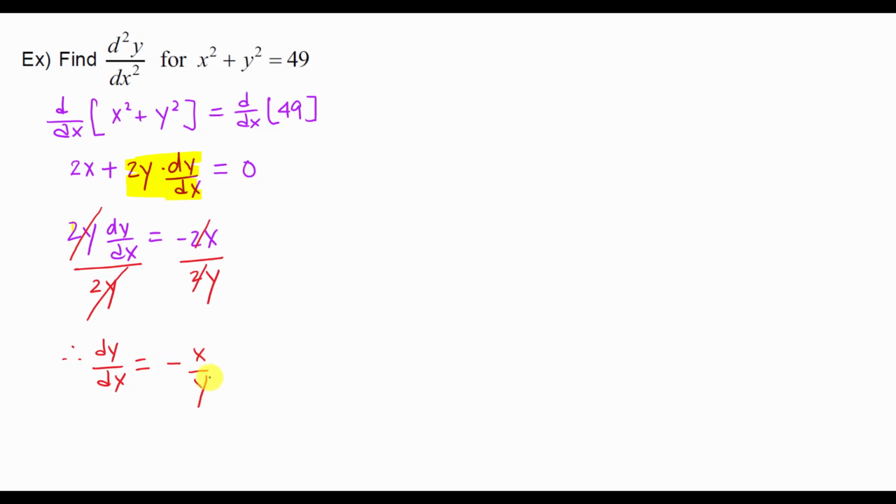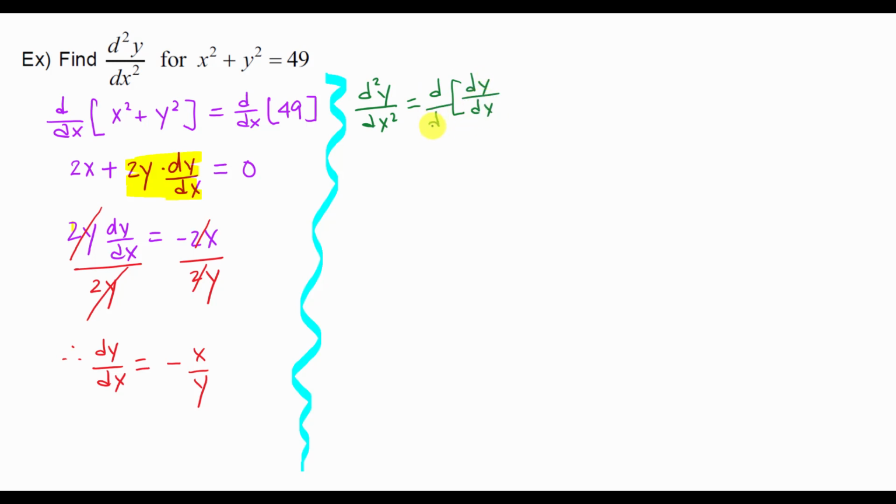So now I would like to take the second derivative. So how do you do that? You take the derivative of the first derivative, right? So d squared y/dx squared is you're taking the derivative of dy/dx with respect to x again. So that will mean that you're taking the derivative of what you just found, which is negative x over y, with respect to x.